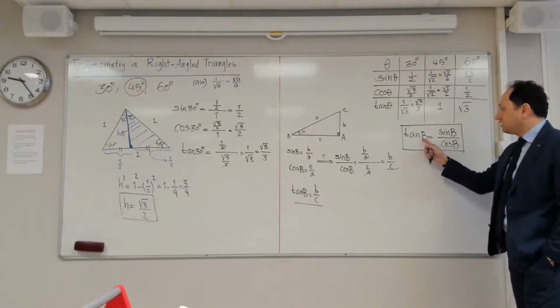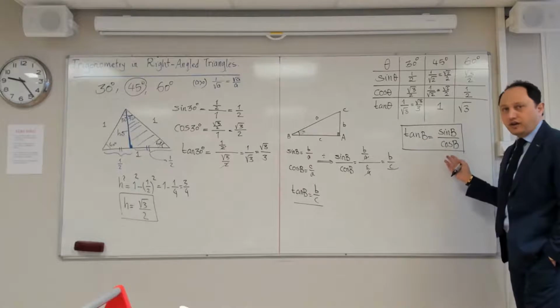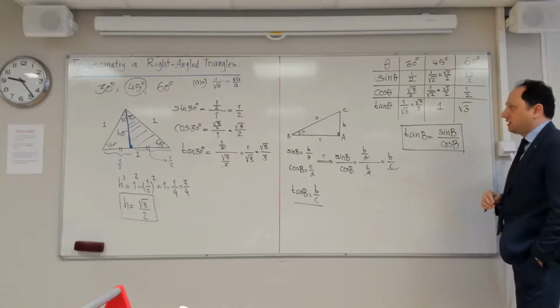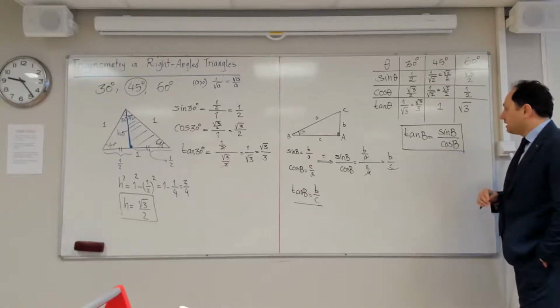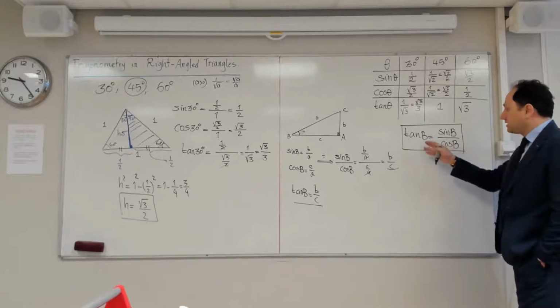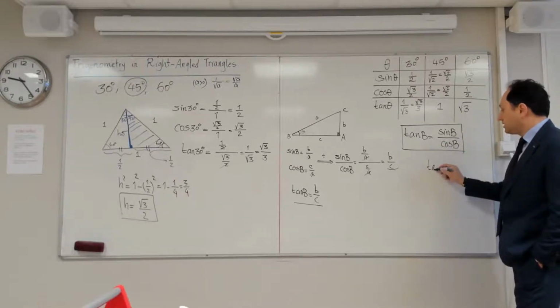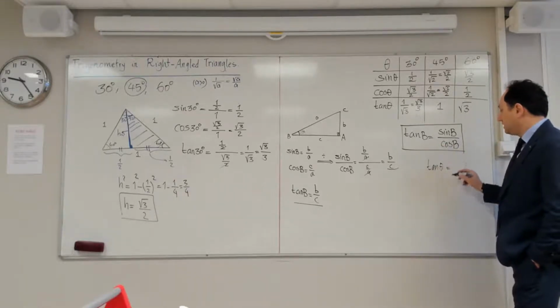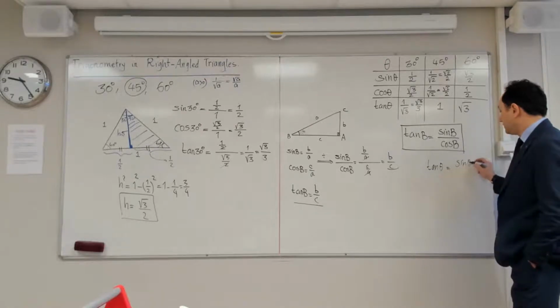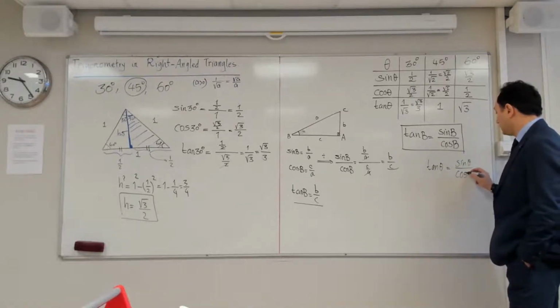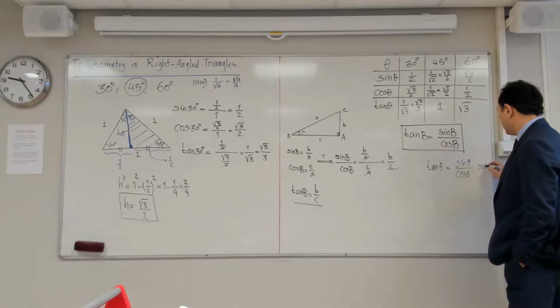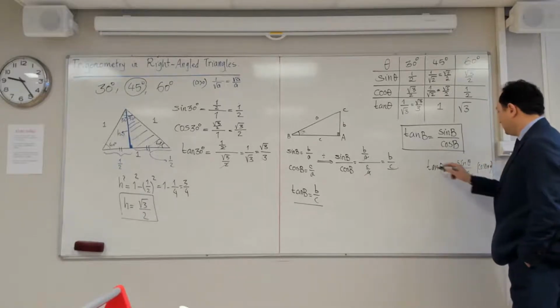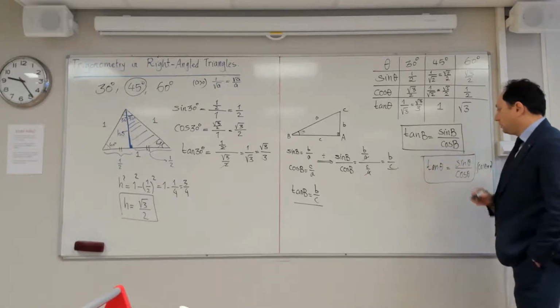So it means tangent of 90 degrees is not defined. So we will talk about these things later. But as far as cosine is not 0, that's a safe thing. So I would say that tangent of any angle theta is equal to sine of that angle divided by cosine of that angle, provided that cosine is not 0. Okay? That's also a very, very important relation.